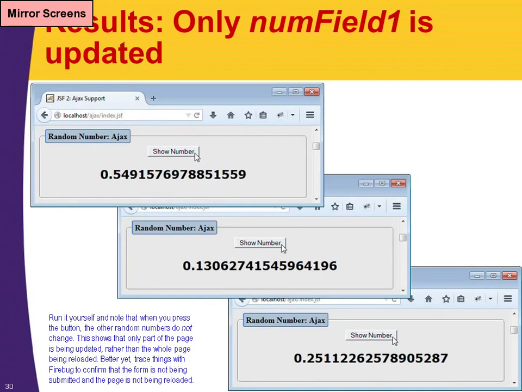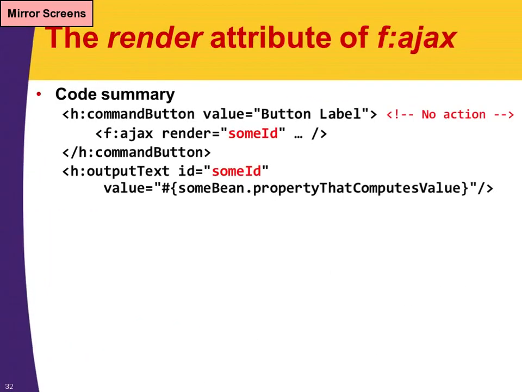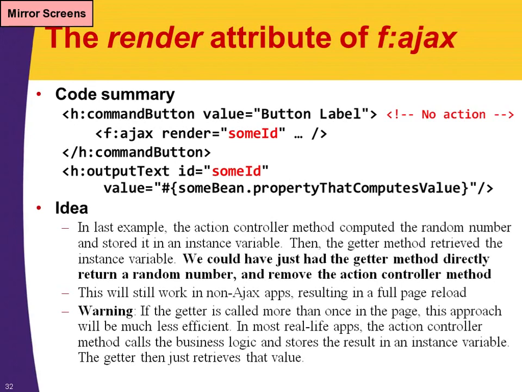Every time you hit show number, the screen won't flash or anything, just the field will get updated without making full calls. Okay. This is the variation I was telling you about. Instead of calling the action, if the thing that gets rendered is getting updated as part of retrieving the value, then if you think about it, you don't need to call the action first.